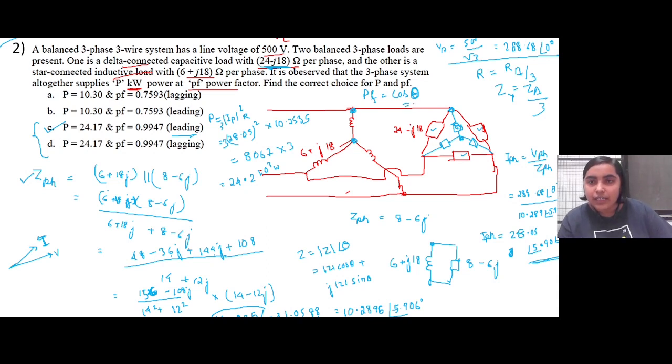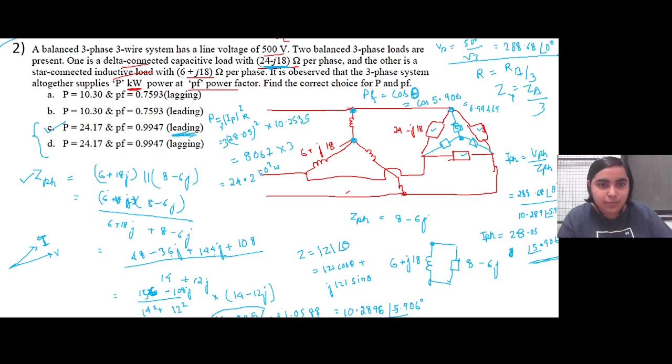So cos of theta is cos of 5.906, and it comes out to be 0.99469. So there are two options, leading or lagging.